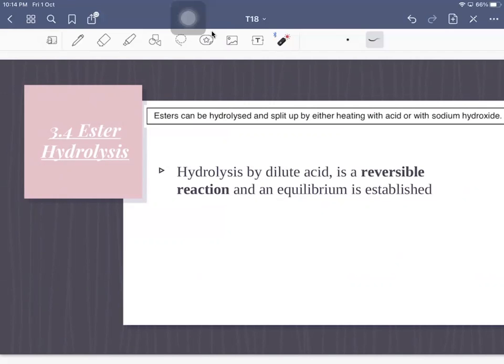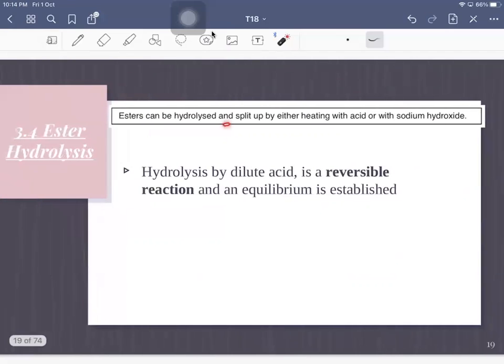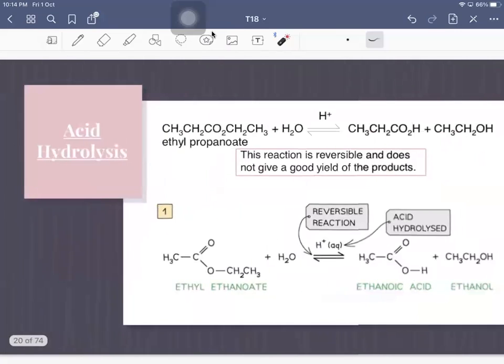So esters can be hydrolyzed and split up by either heating with acid or heating with base, sodium hydroxide. Hydrolysis by dilute acid is a reversible reaction and an equilibrium is established. So I don't want to talk about equilibrium just yet.